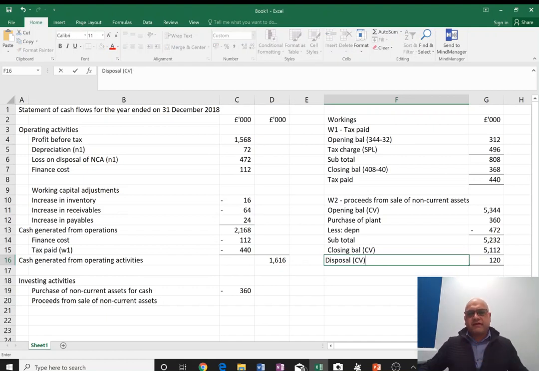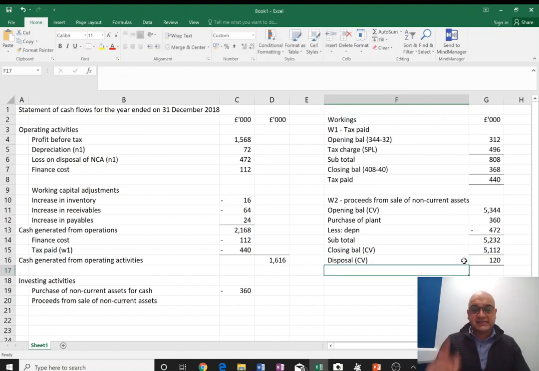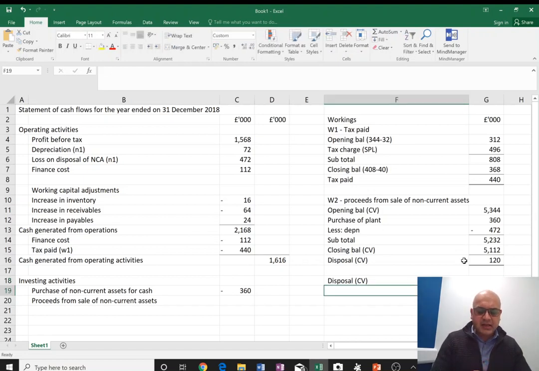Right? We haven't quite found the proceeds yet. Now, in order to find proceeds, as I said earlier on, we need the disposal carrying value, which is 120, and from here we are going to deduct the loss.